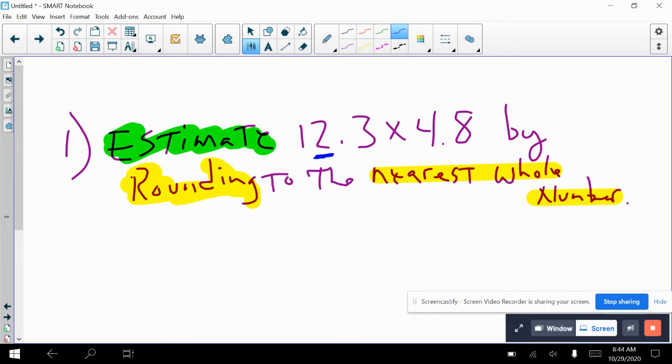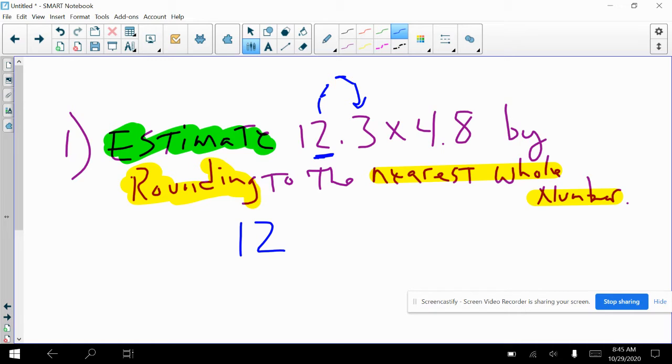You are looking at the ones column, and you are looking to the right to see if that is 5 or greater. Well, you should know this. This is an elementary thing. So it's less than 5. So what are we going to do? Round it down. Very good. The nearest whole number is 12.